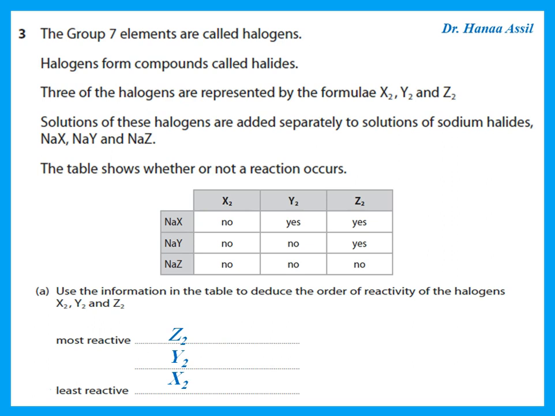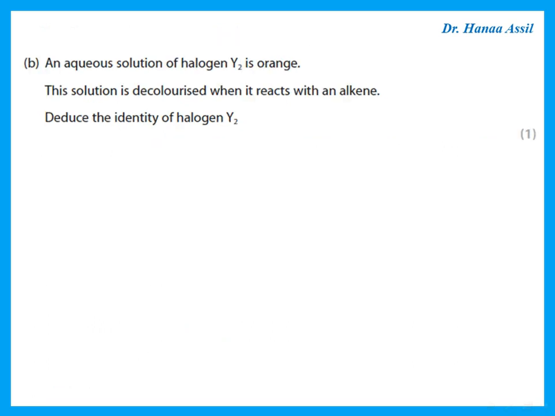Then Y was able to react with NaX, so Y is more reactive than X. So this is the arrangement of reactivity. Remember that this happens with halogens and with metals, of course. The one that reacts with the salt of the other is the more reactive.